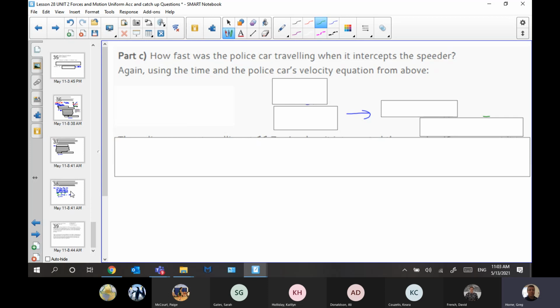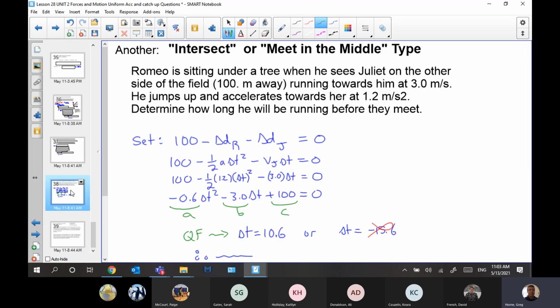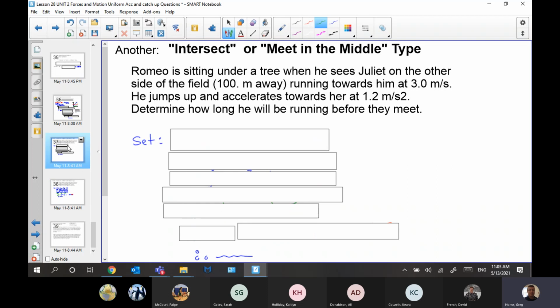Anyway, so there is another type that we need to tackle. So the other type is a meet in the middle type or an intersect type. So I want you to think about that one for a little bit. Read this one, think about it.